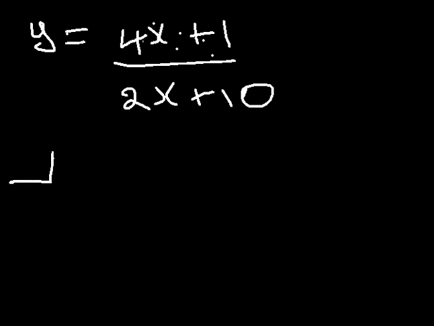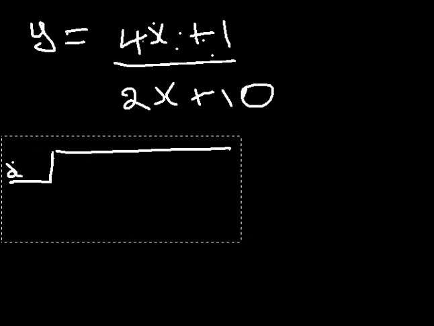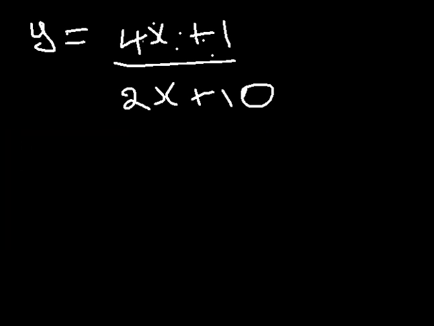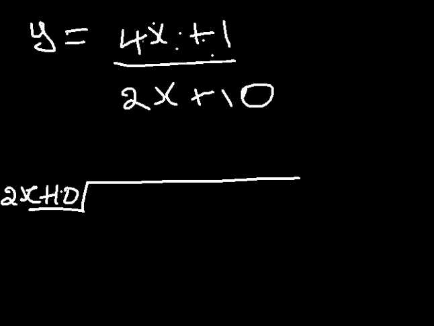In this case, we have 2x plus 10, and we have it divided by 4x plus 1. That's what is happening there.